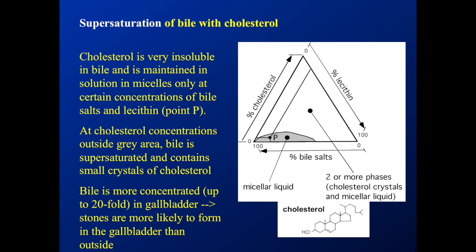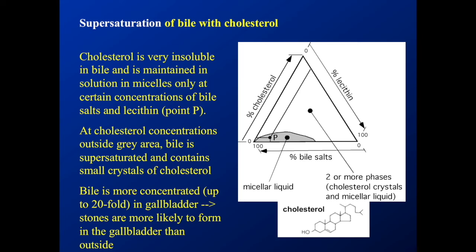But as the concentrations of cholesterol, bile salts and lecithin change, then cholesterol crystals can form, and these can start as a nucleus for stone formation.